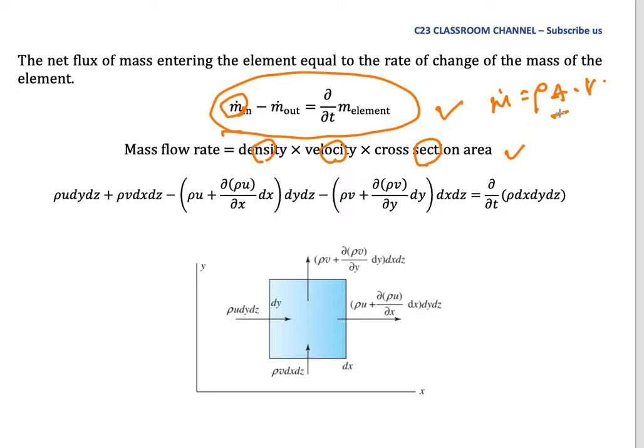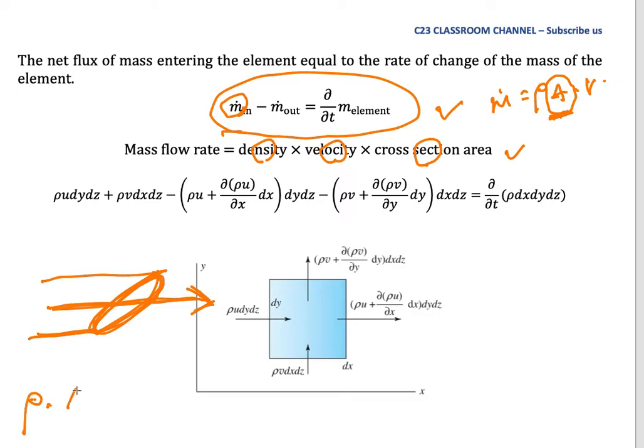Here you must be very particular, because the area here must be the cross-sectional area perpendicular to the velocity. So if you have a pipe like this, with an inclined end like this, but the velocity goes straight through like this, then to calculate the mass flow rate you need rho times A times V. Because V is horizontal like this, A is actually the cross-section of this one.